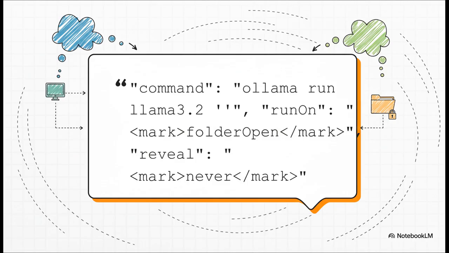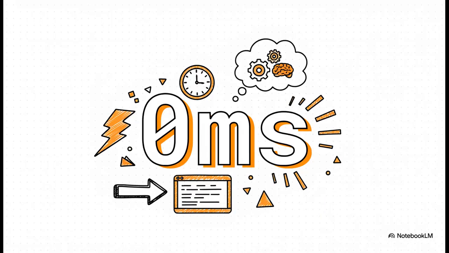Run on folder open triggers this task automatically, and reveal never makes sure it all happens silently in the background. It's a true set it and forget it optimization. And the result? 0 millisecond latency. By the time you're ready to write your first line of code, your private AI assistant is already warmed up and just waiting for your command. This is the kind of buttery smooth performance you get when you master your native tools.